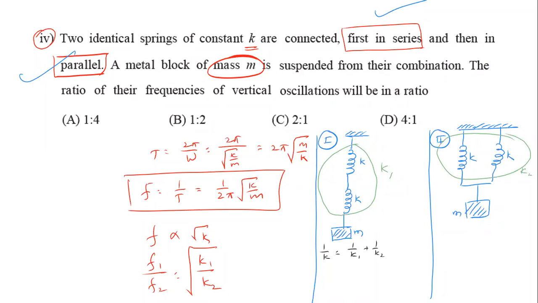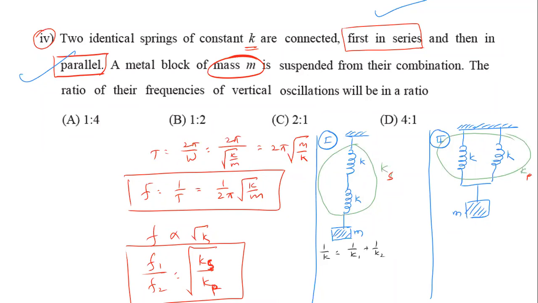You solve this and you will get the force constant in this series combination. Instead of K1 and K2, I will use force constant in series divided by force constant in parallel, that we have to substitute in this formula.